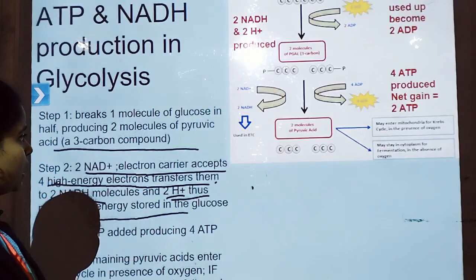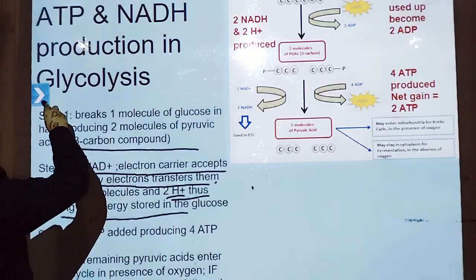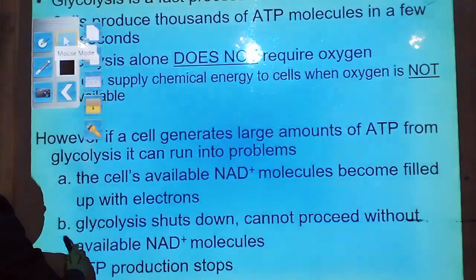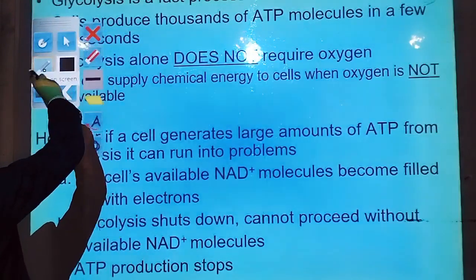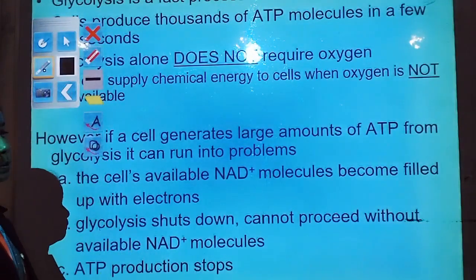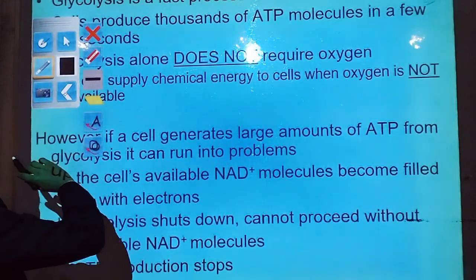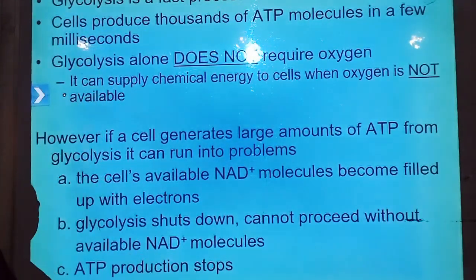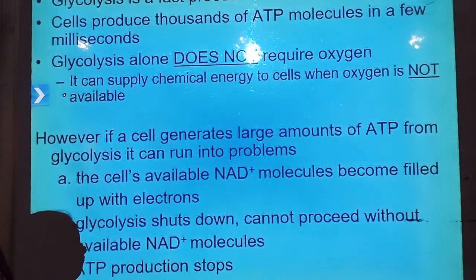Now next, glycolysis is a fast process which only takes place in anaerobic condition. That means oxygen is not involved during the process.